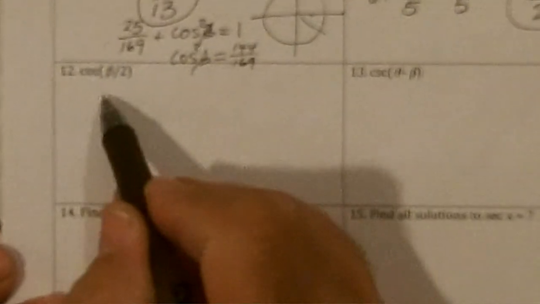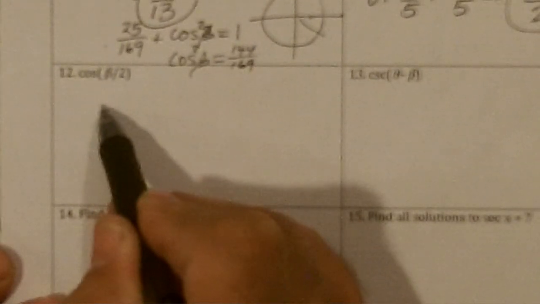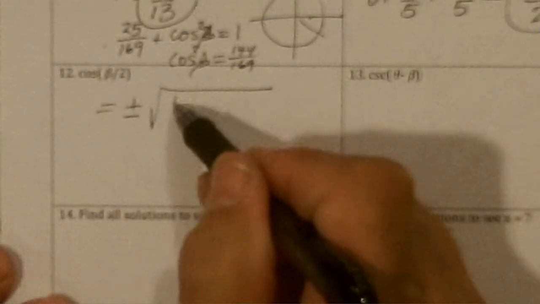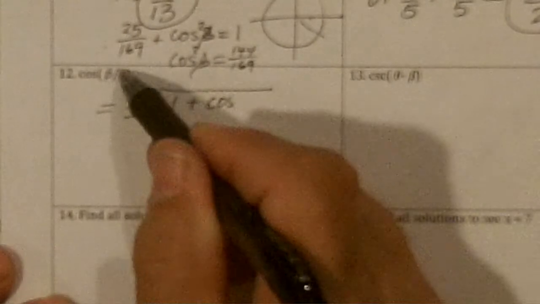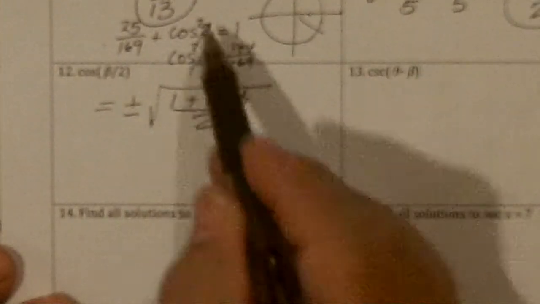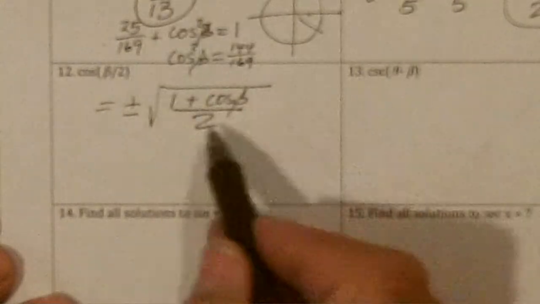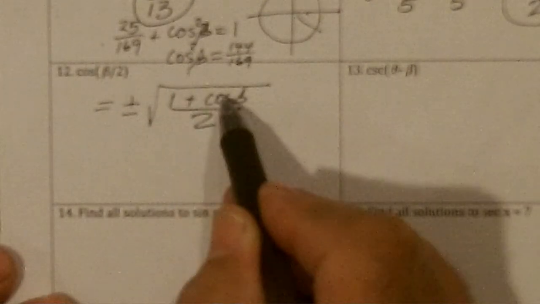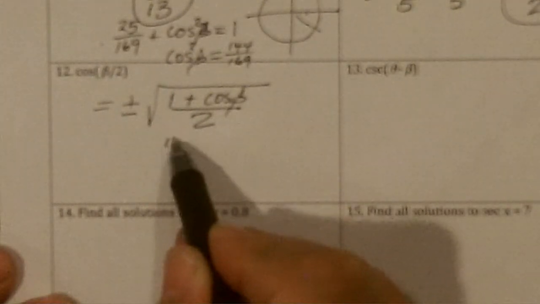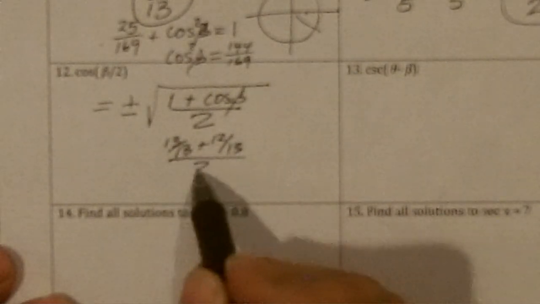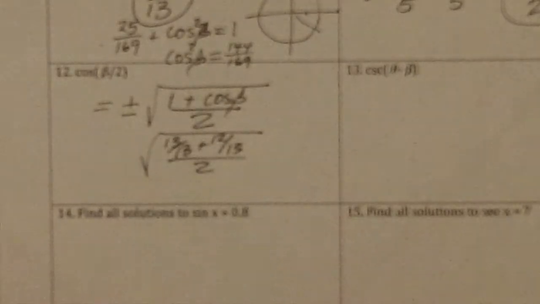Cosine of beta over 2, according to the half angle formula, is plus or minus the square root of 1 plus cosine of double that angle over 2. Well, cosine beta is 12/13, so we got 1 plus 12/13, 13/13 plus 12/13, over 2. And let's right now decide whether this is plus or minus.